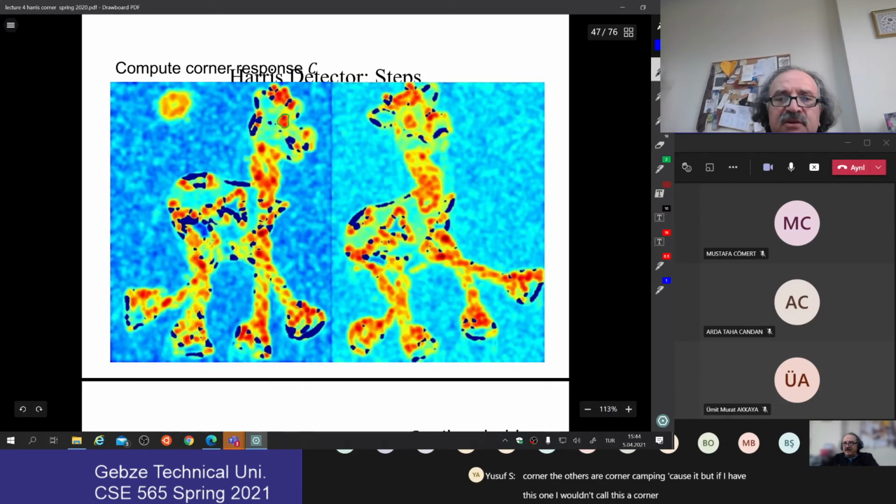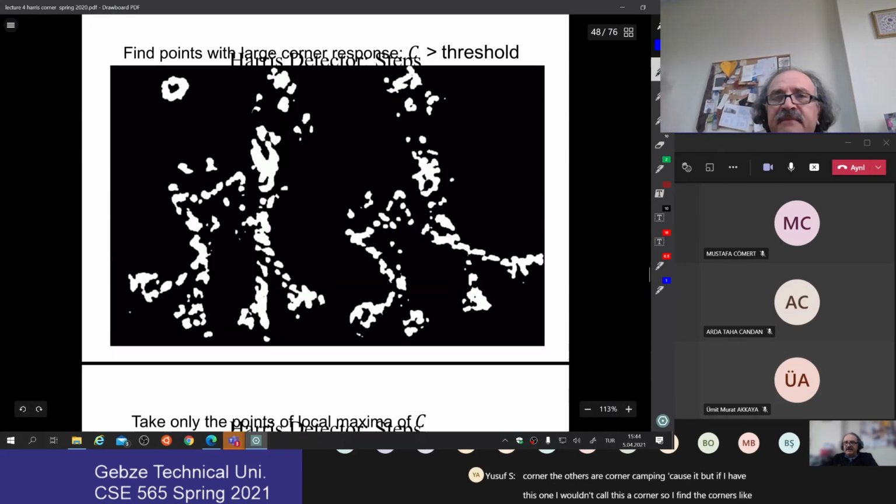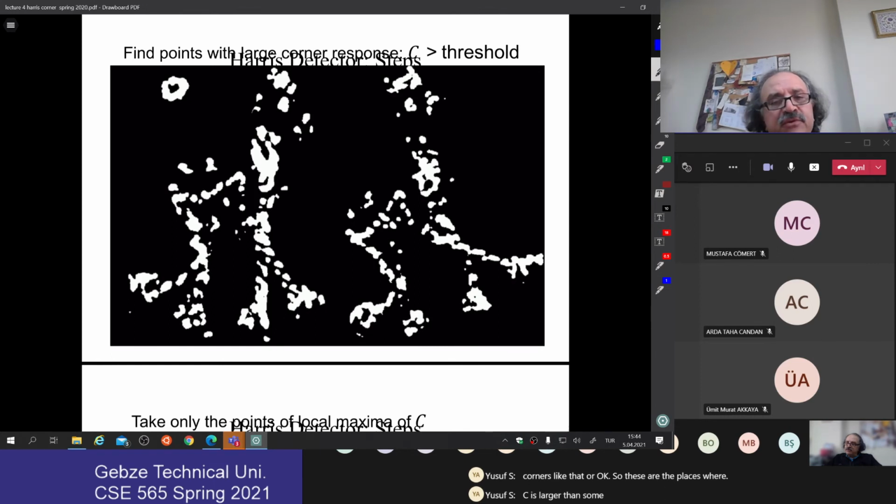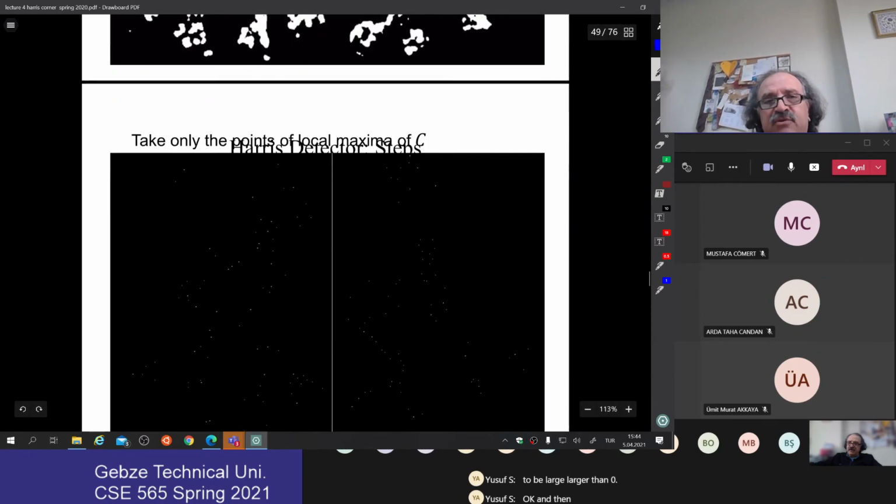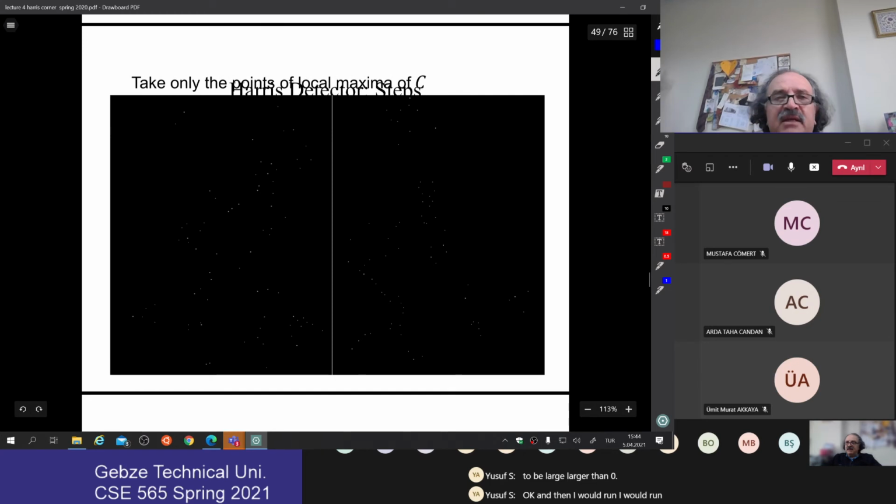So I find the corners like that. These are the places where C is larger than some threshold, because what did we say? C has to be larger than 0. Then I would run non-local maxima suppression, and we would get these.